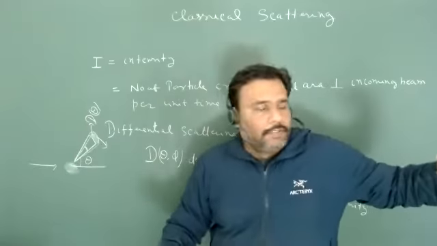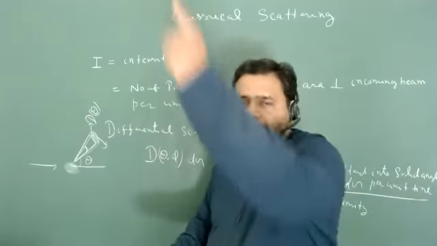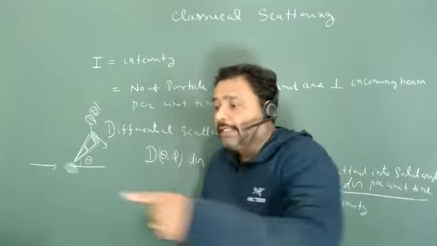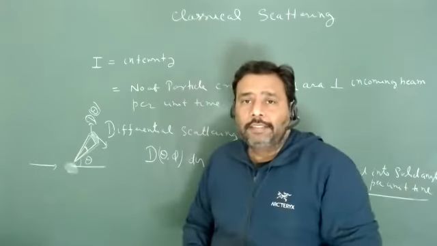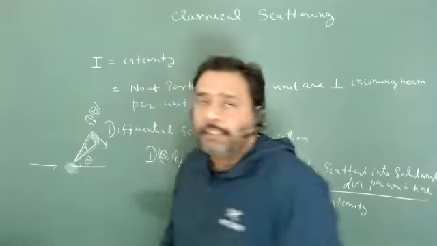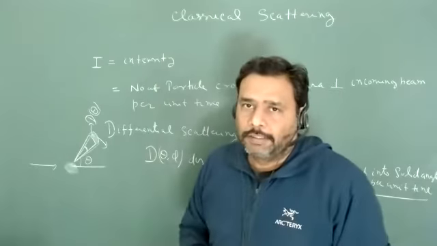Because the particle can come here, it can go like this. Particle can come here, it can go like this. Particle can come here, it can go straight also. If you have very high energy, then it can penetrate and go straight also. It depends on which kind of potential we have.